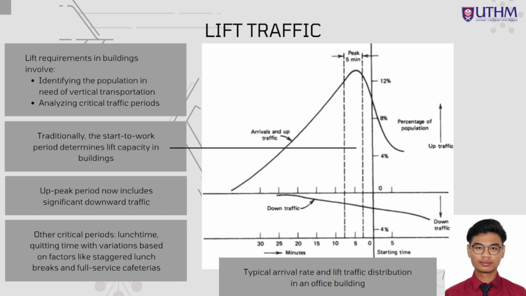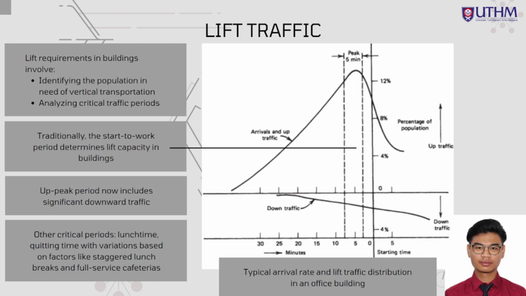Another critical period is lunchtime, with waiting time variations based on factors like staggered lunch breaks and full service cafeterias. The picture on the right is just a typical arrival rate and lift traffic distribution in an office building.